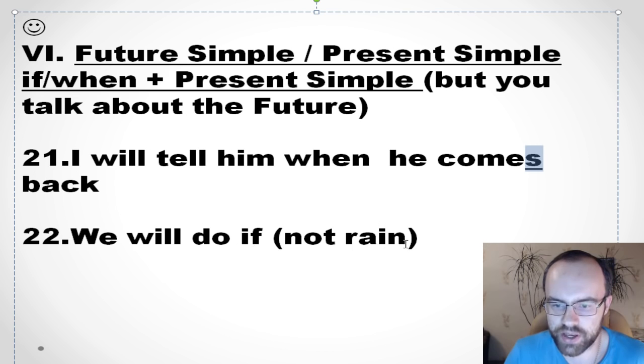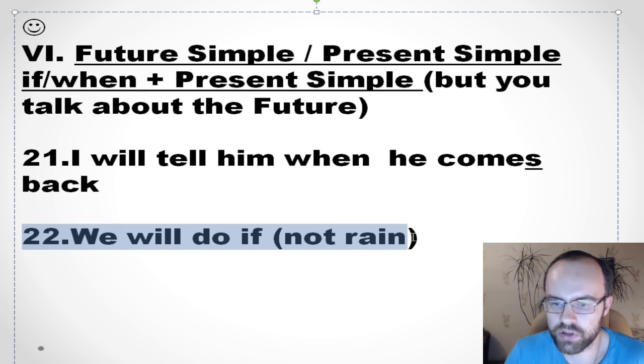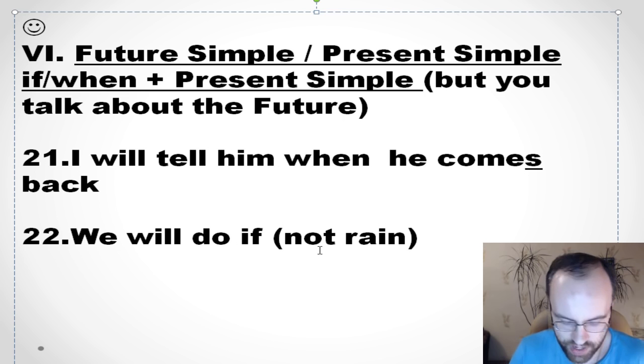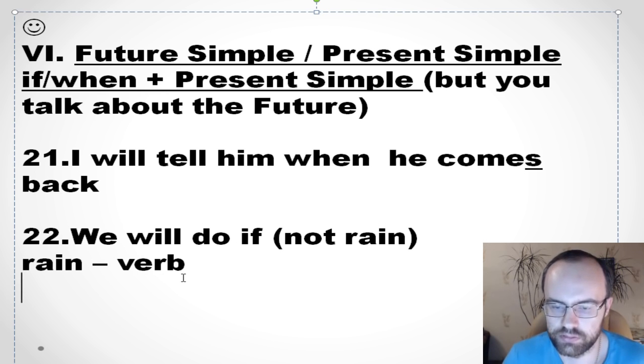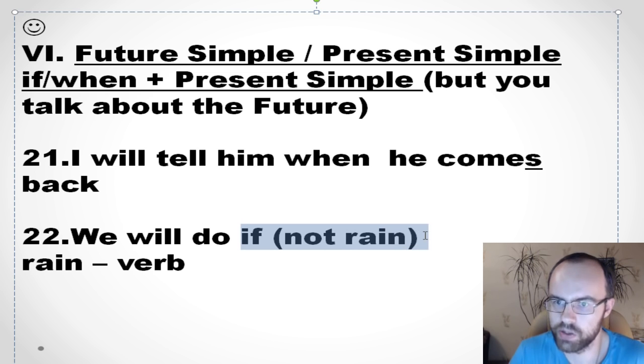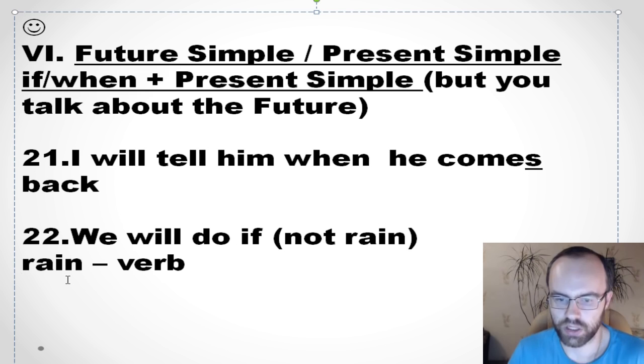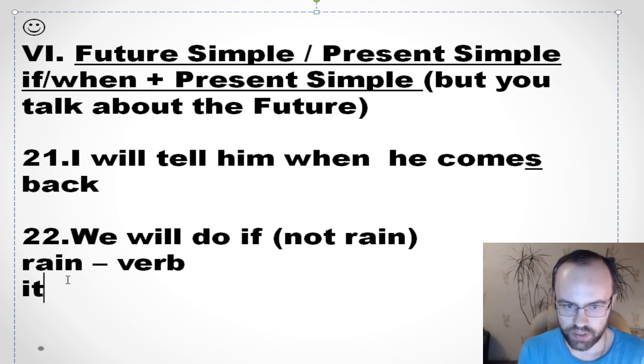Okay, so the next thing, we will do it if not rain. And rain is a verb here. Okay, so how will you say it? So you have if, so you need to say it in present simple. Really, how will you say it in present simple? If it doesn't rain, only this way.